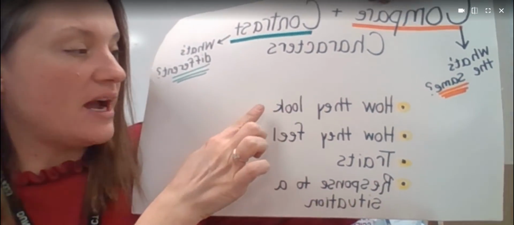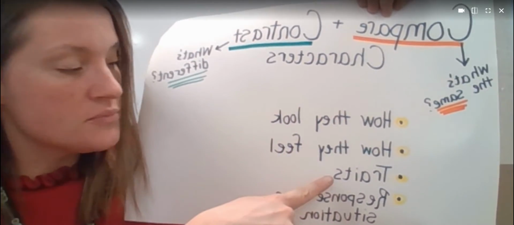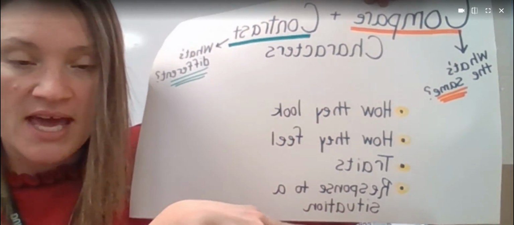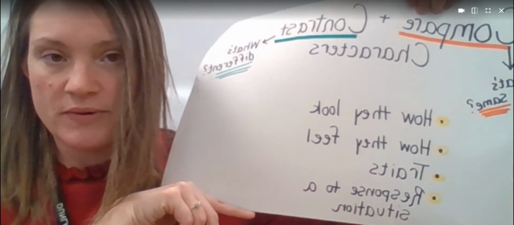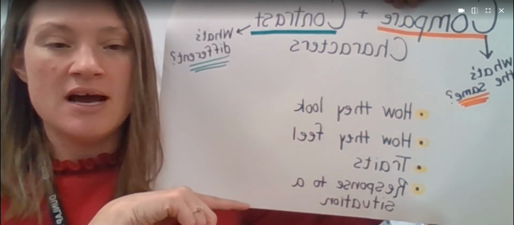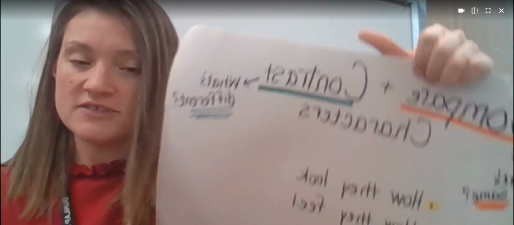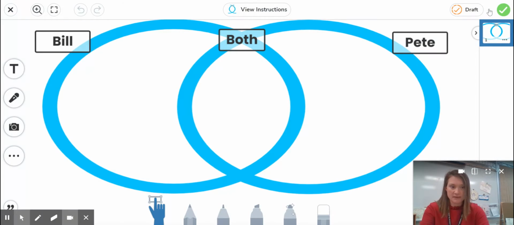So we can compare how they look, how they feel at any certain time, what traits they have, and then how they respond to a situation. Because every person or animal or character might respond differently to a situation, right? They might have different traits and things like that. And so that's exactly what I'm going to be asking you to do today on your assignment.